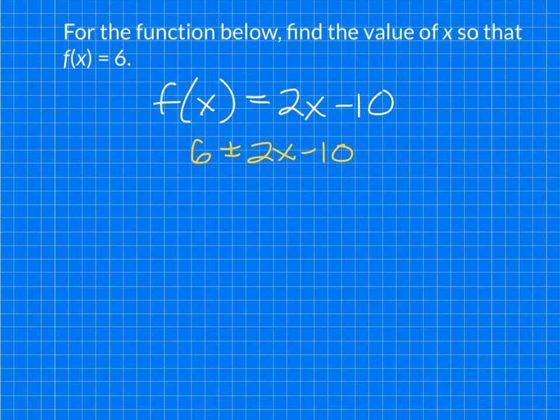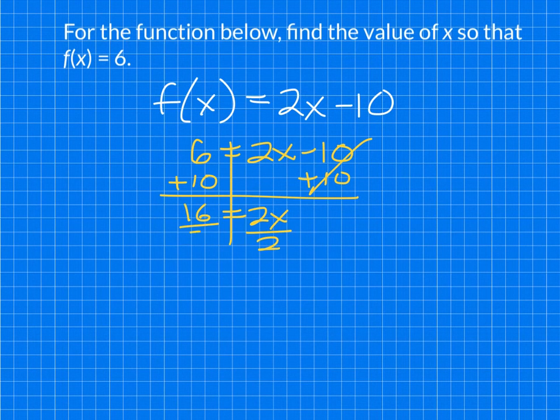And now all we have to do is solve for x. Add 10 to both sides. 16 equals 2x. And then we divide by 2. And we get x equals 8. So when the output is 6, the input must be 8.